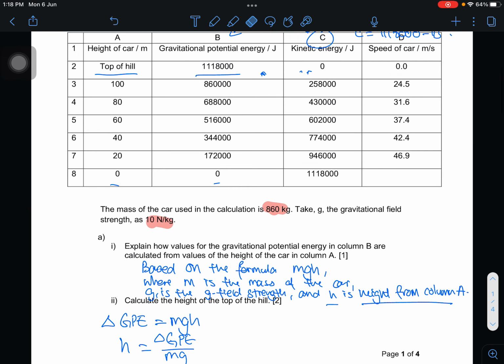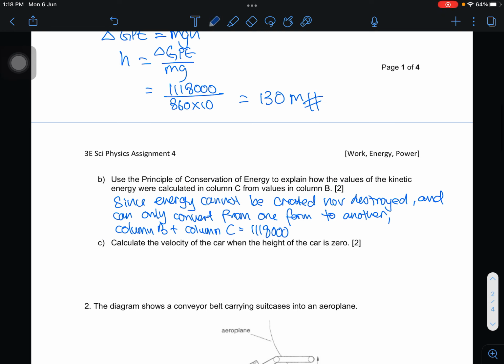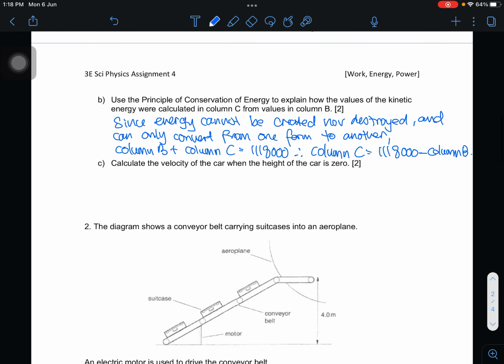Do I need to put a joule? No need, because the table heading already has the joule. So therefore, column C equals 1118000 minus column B. We need to be explicit. I need you all to write this down.